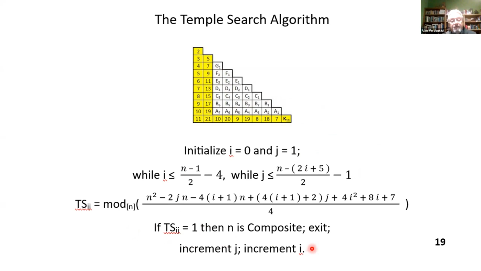We can get out of our algorithm and we know we have a composite number. If we reach the top and we do not find a 1, this is a prime number. And so that sort of completes our search. But still, if we're dealing with large numbers, this will still be a large number of cells to test.